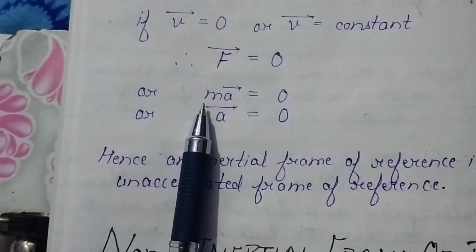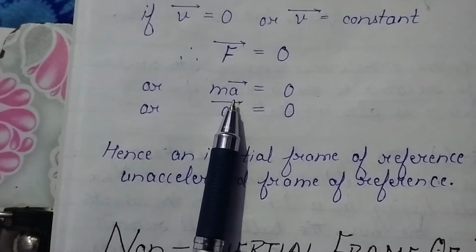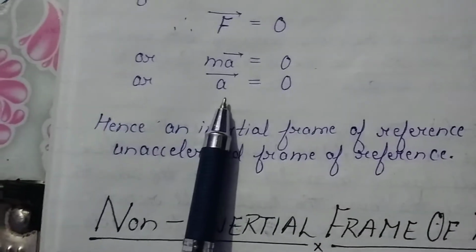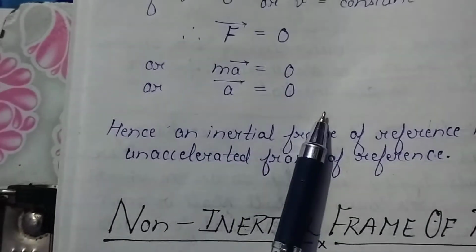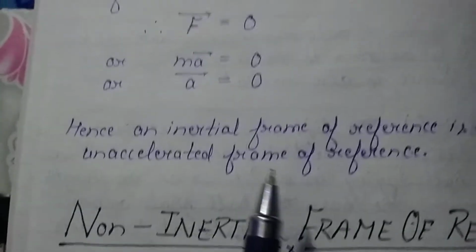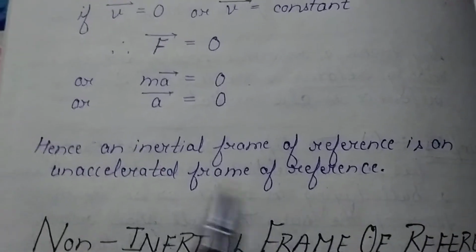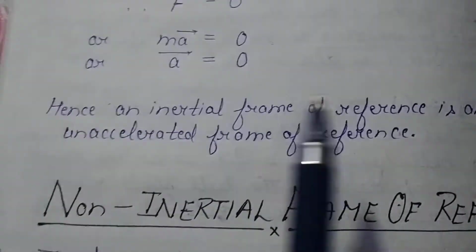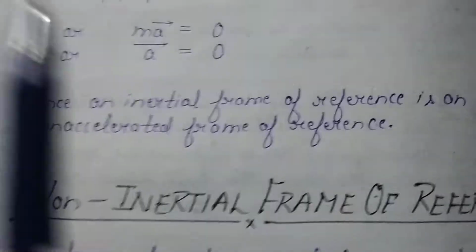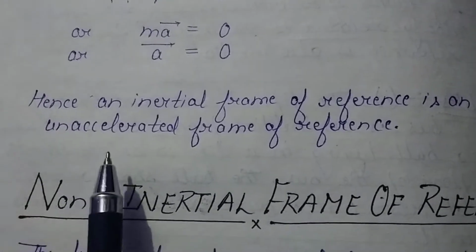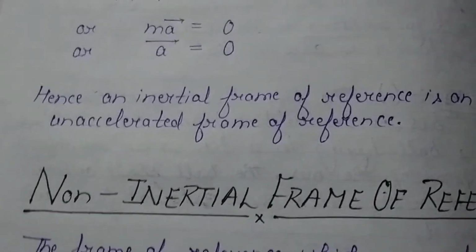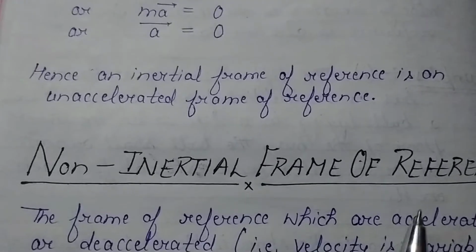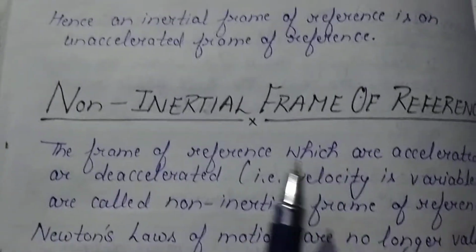F is equal to ma, so ma is also equal to 0, and this also means that a is equal to 0. Hence an inertial frame of reference is an unaccelerated frame of reference. So the second law proves that an inertial frame of reference is an unaccelerated frame of reference.